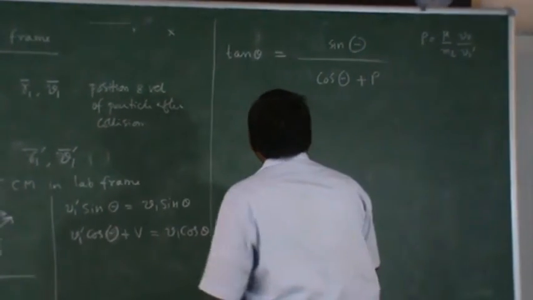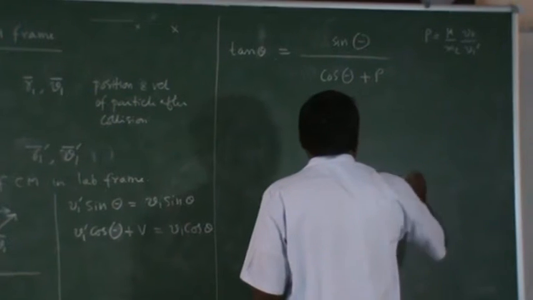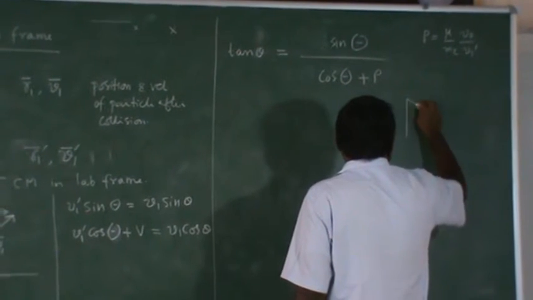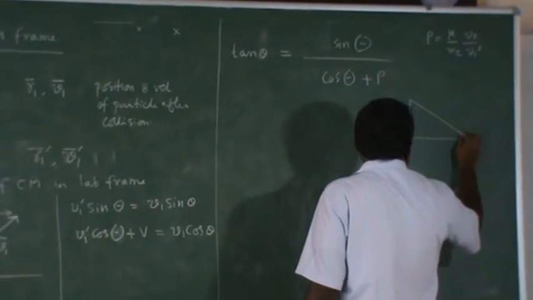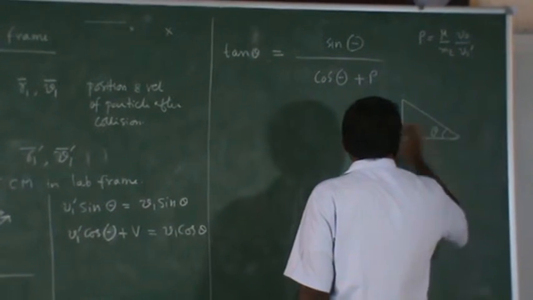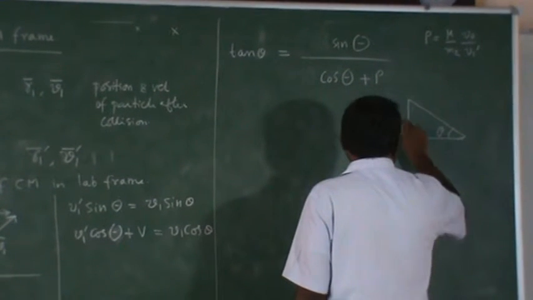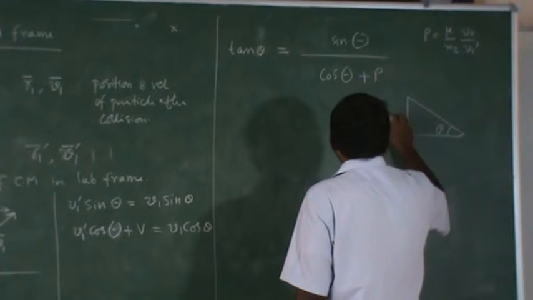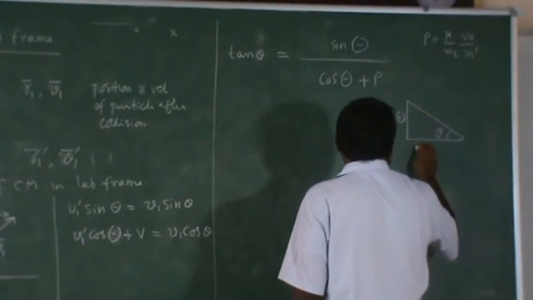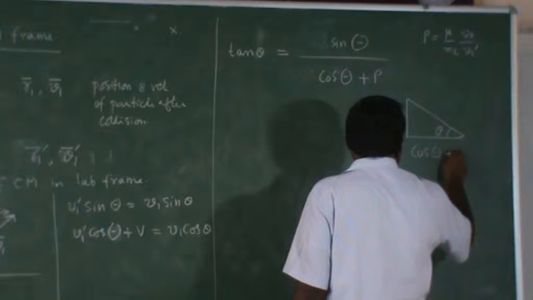Now, tan theta. Suppose you have some theta like this; tan theta is given by this divided by this. That means this is sin theta and this is cos theta plus rho.